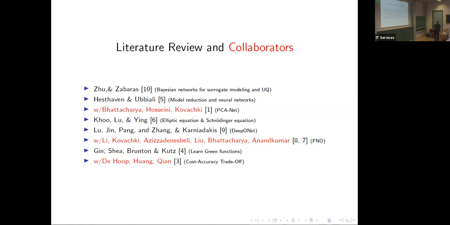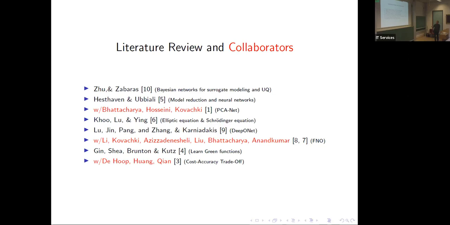But I would like to highlight my collaborators: Kaushik Bhattacharya, who works in material science at Caltech; Bamdad Hosseini, who's an assistant professor at University of Washington; and Nick Kovachki, who is a student at Caltech.